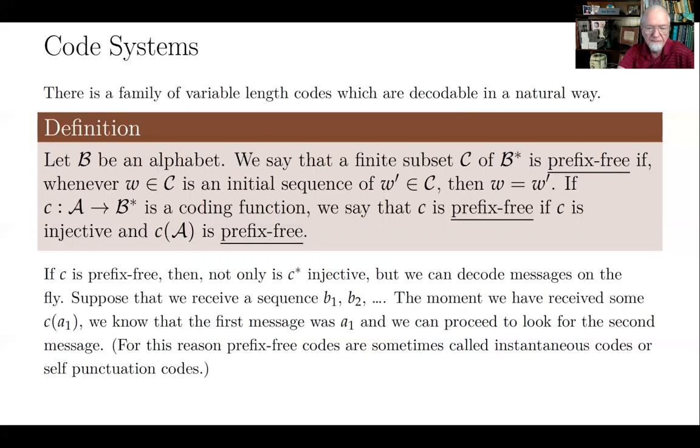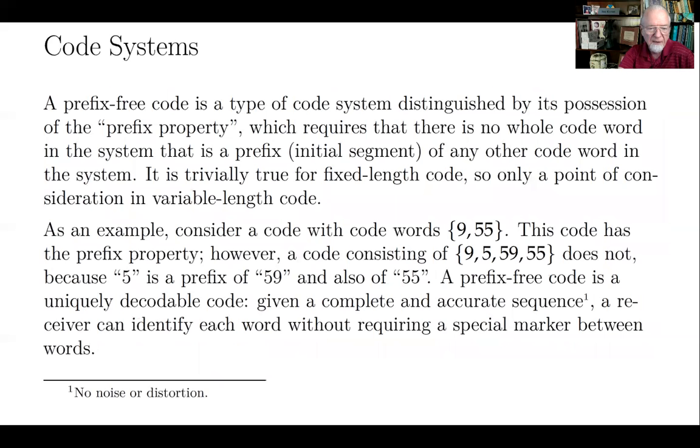So we receive a sequence of bits. Every time we find the special symbol A1, we decode according to the rules and look for the next code that has an A1. That's why prefix codes are called instantaneous codes or self-punctuating codes.